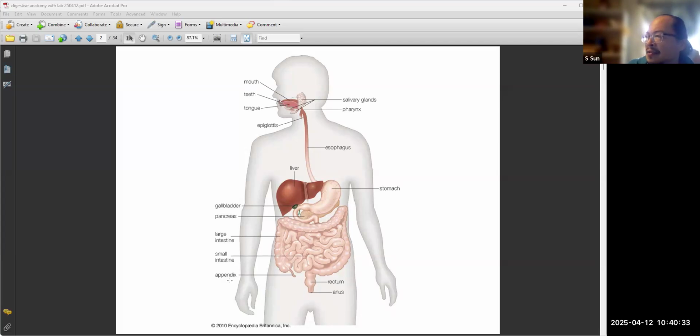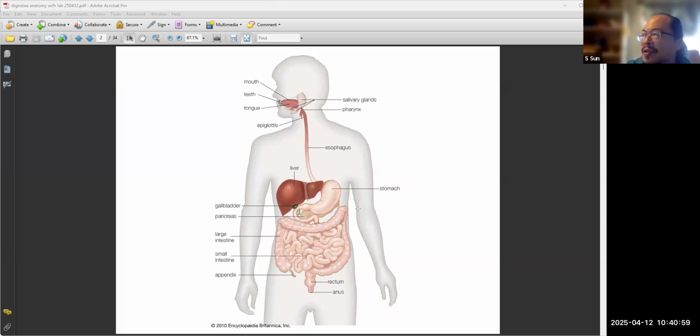Just an additional thing right here, the appendix. This is attached to the beginning of the large intestine, so that's this part here. That's all the terminology that you need to know, the primary key things involved in our digestive system.